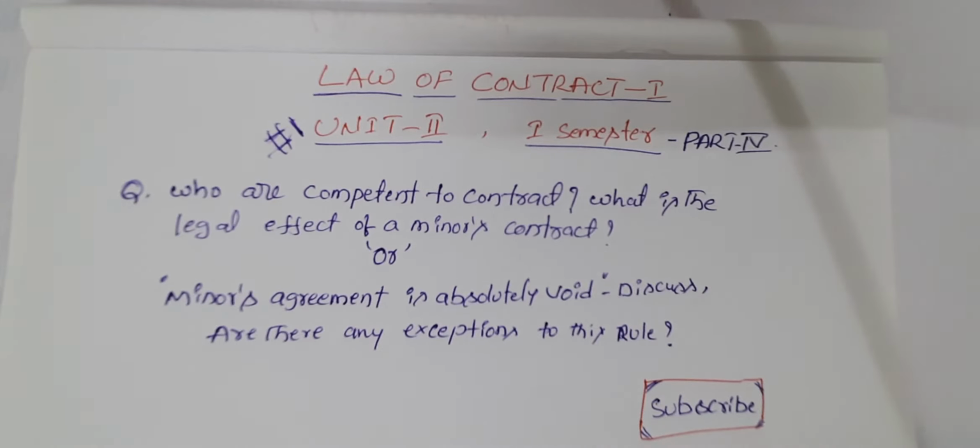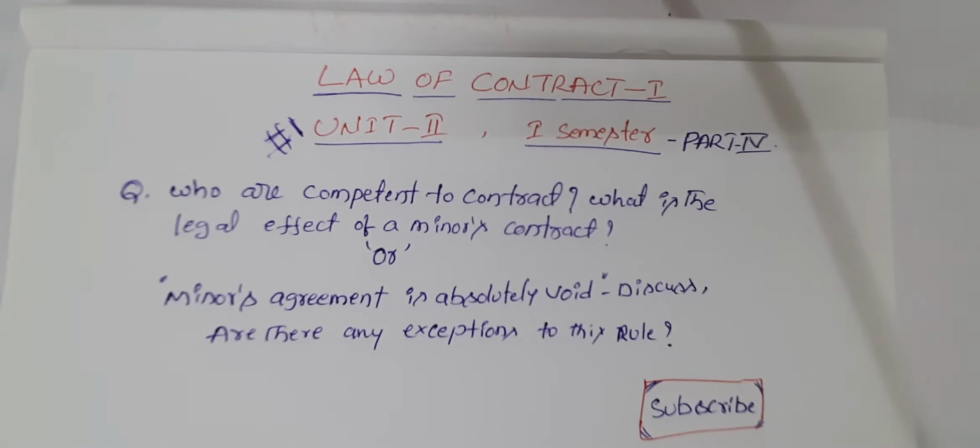Now, let us see the exceptions. As a general rule, a minor's agreement is absolutely void. But there are the following exceptions for the benefit of the minor. Sales, mortgages, contracts, etc., in favor of minors, the first exception. A minor is incompetent to contract, yet he may accept a benefit and be a transferee.